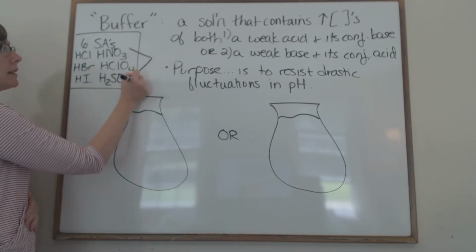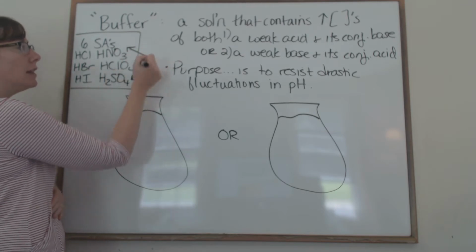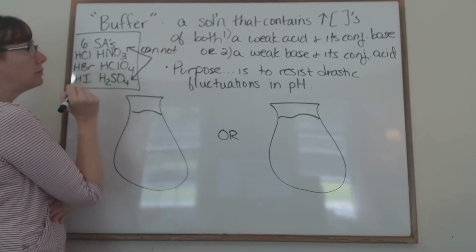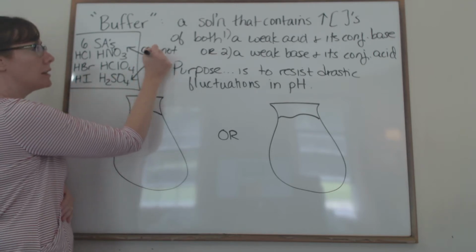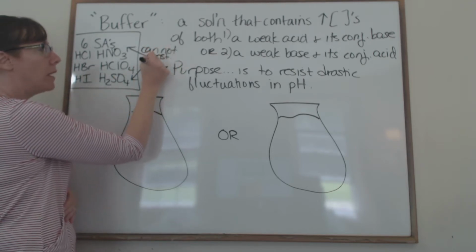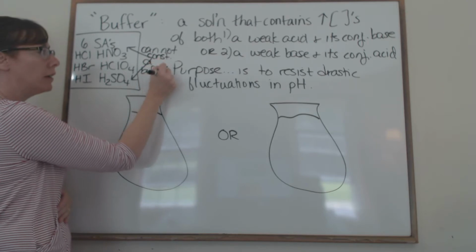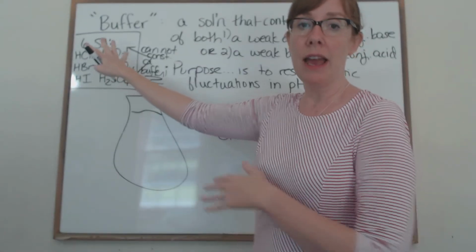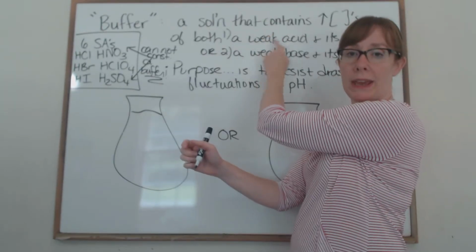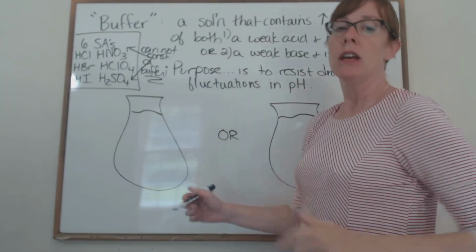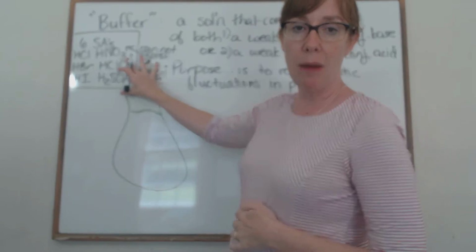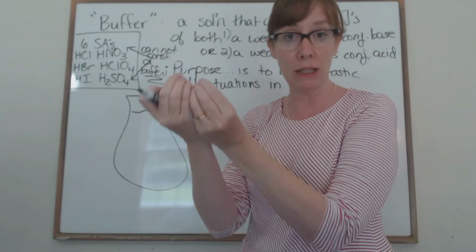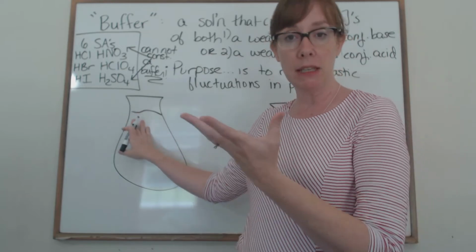None of these can constitute a buffer. They cannot be present in a buffer because they're strong acids, and a buffer needs to have a weak acid and its conjugate base. Any other acid would be a weak acid, that could be the basis for a buffer.